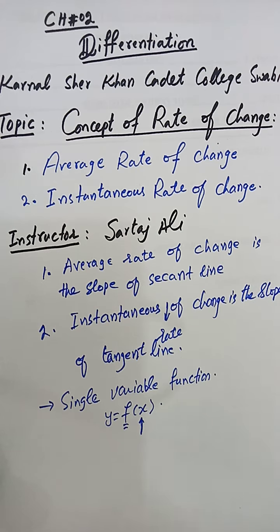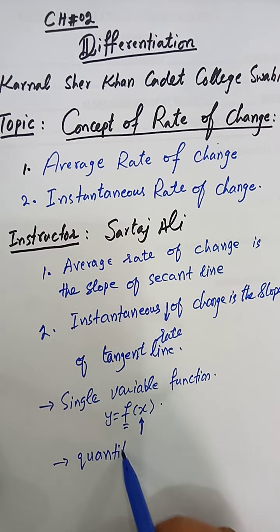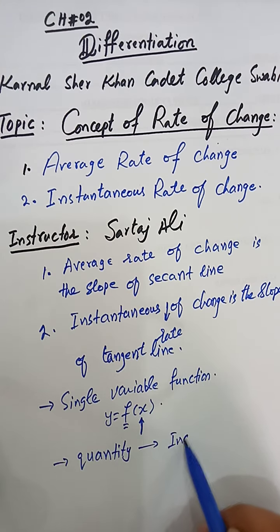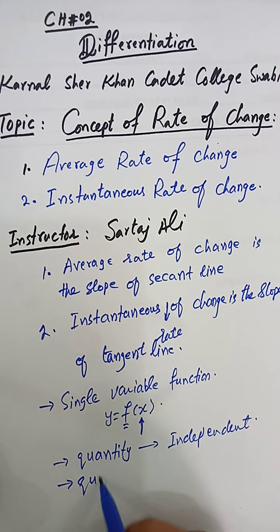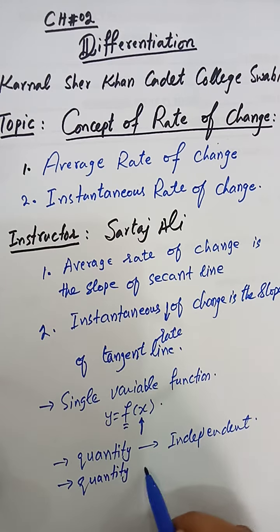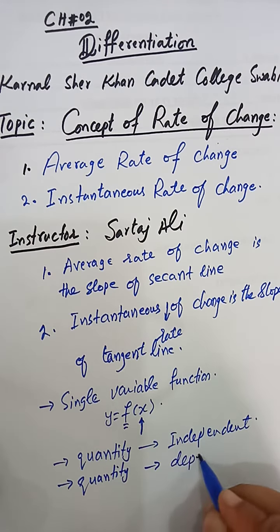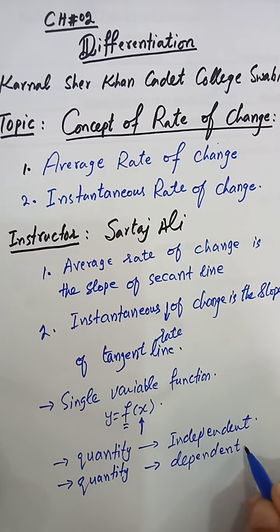It may be possible that one quantity depends on many other quantities, but this course is related to single variable, so we always consider two quantities in which one quantity is treated as the independent quantity, which is called input, and the other quantity is considered as dependent, which is called output.